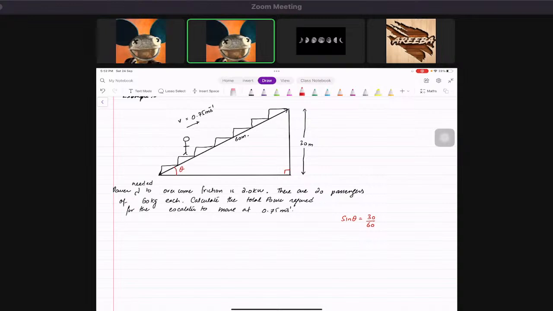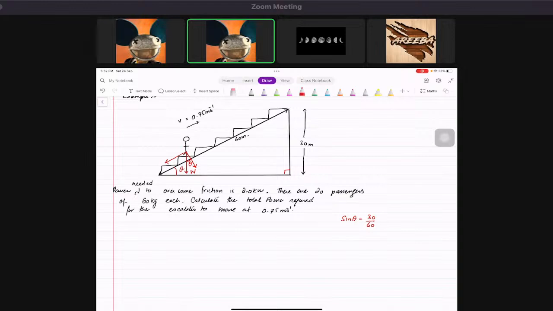People will have weight downwards. One component of the weight is down, one is perpendicular like this, and this angle is the same as the angle of the slope. We are interested in the component that resists motion, that's down.